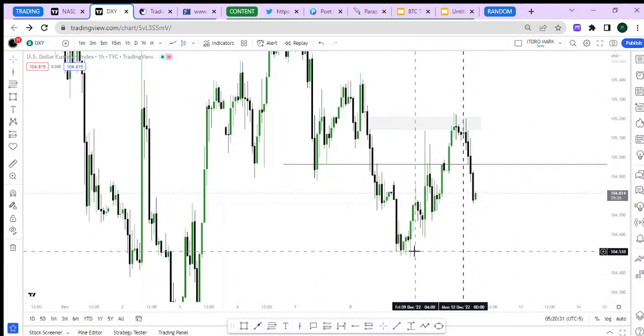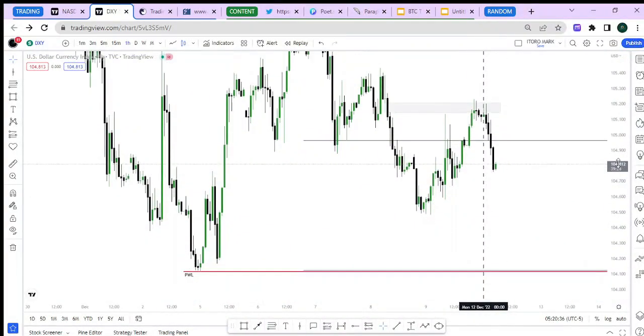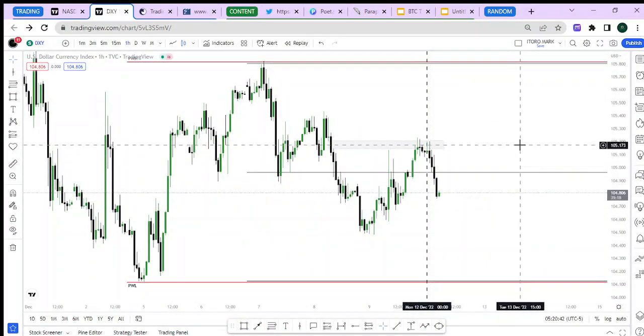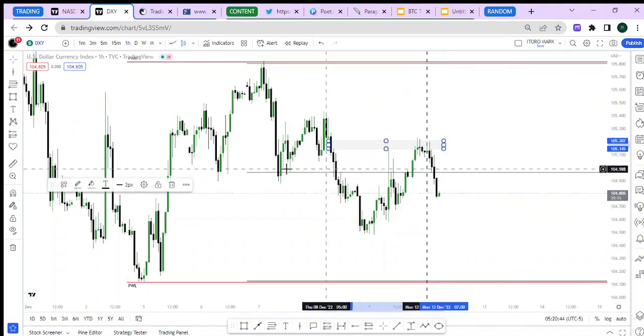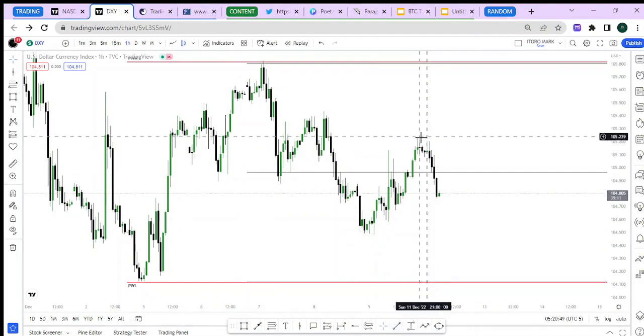I think it's going to attack the sell side liquidity in here before, but regardless, I'm still not going to short this price until price comes higher again. Maybe what I want to see is buy side liquidity here.